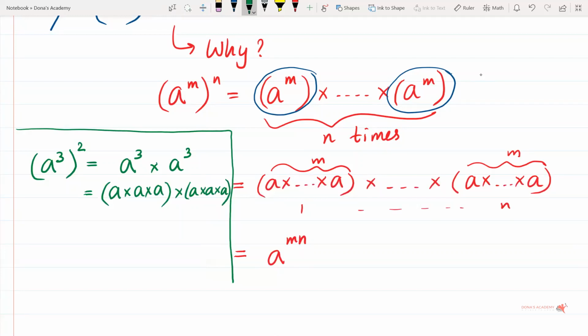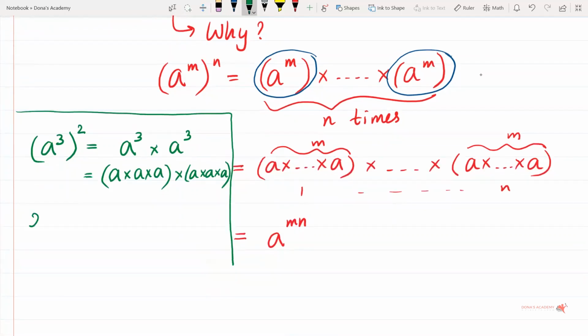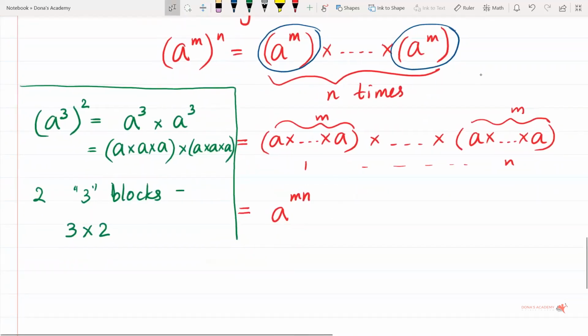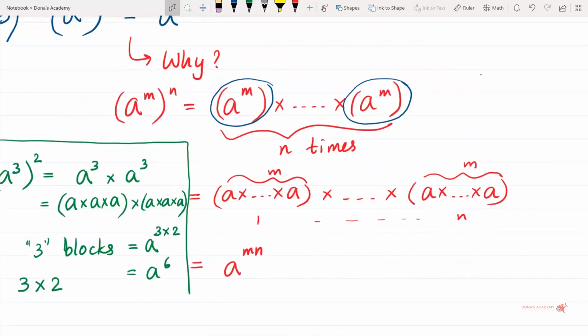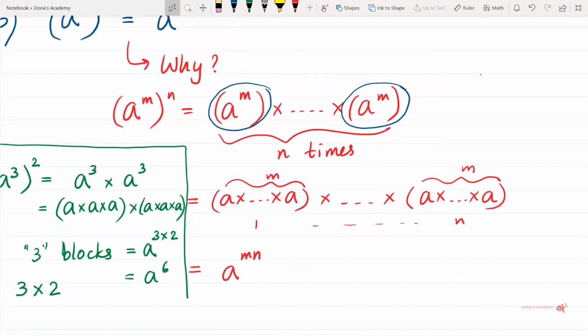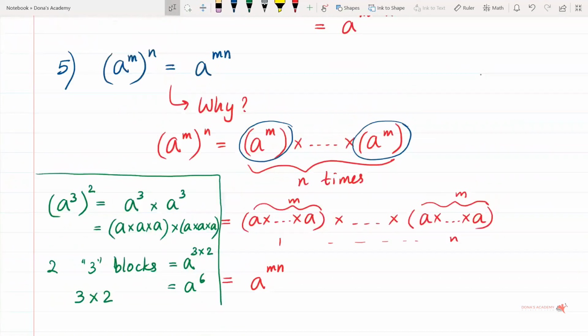So I see two blocks of 3. And how many a's do I see in total? 6. That is 3 times 2. So I have to multiply the powers. Here I have a to the power 3 times 2, so it is a to the power 6. This is what is happening here.